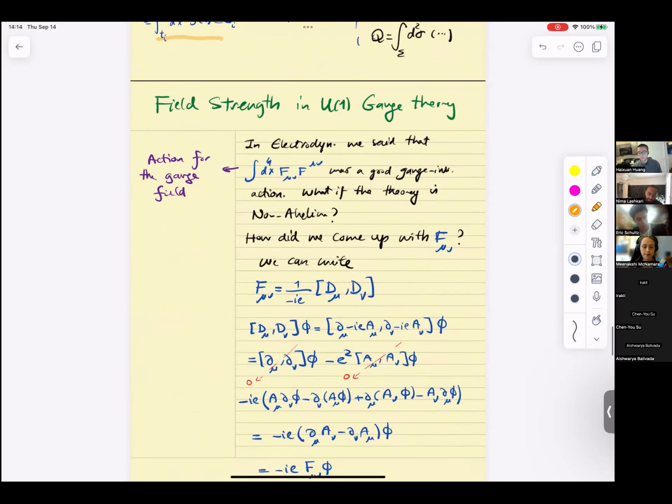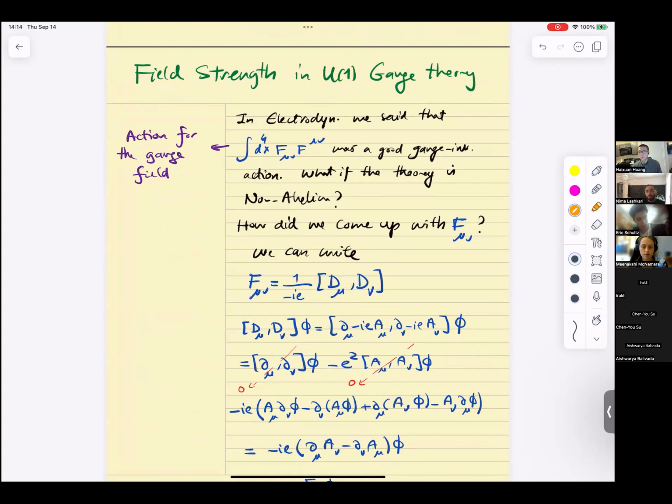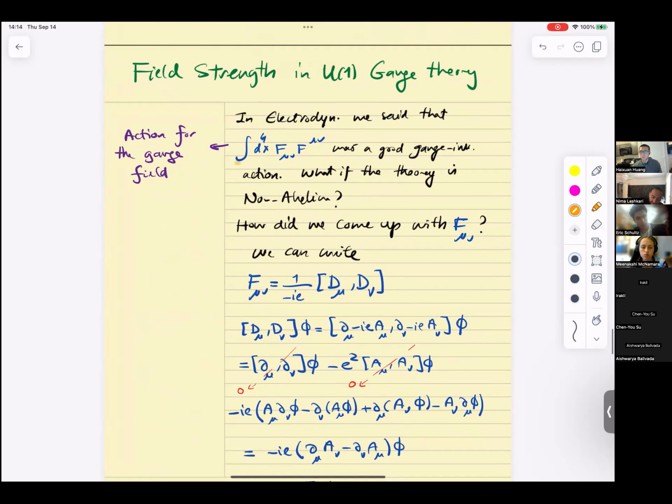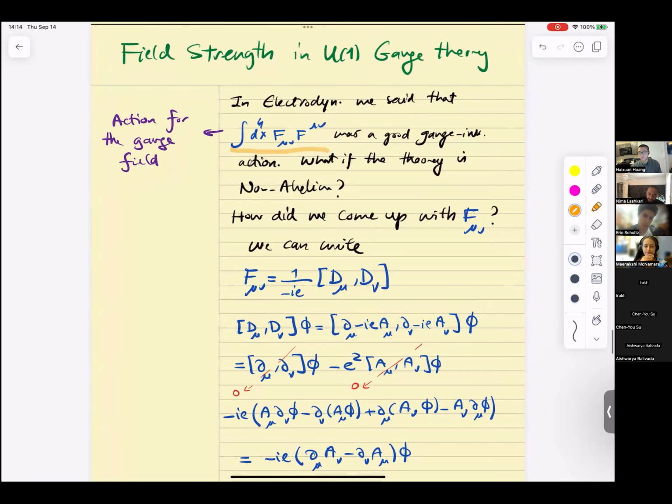Now I want to connect the two stories. If you recall, I said in the past when we wrote down the local action for electrodynamics, the term that we wrote was the integral of F mu nu F mu nu. Now, how is this related to the covariant derivative and local symmetries? The answer is very simple.